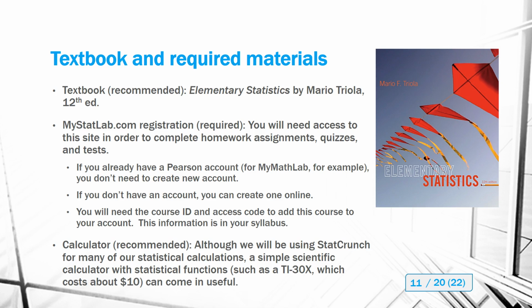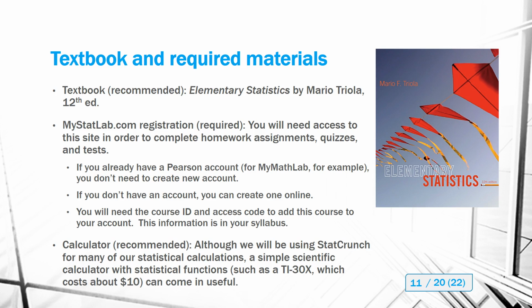Now, you are going to need the course ID and access code to get into the course and add it to your account. And that information is in the syllabus. So go to Blackboard, get the syllabus, read through it, get that course ID and access code information so that you can get registered with the class. And to do that, you just go to mymathlab.com or mystatlab.com. They'll both take you to the same login place.